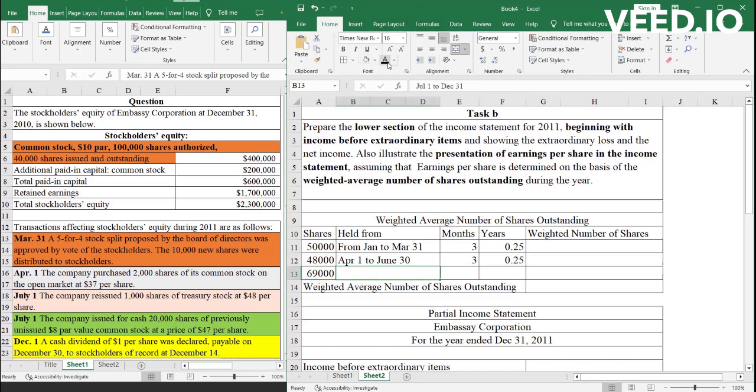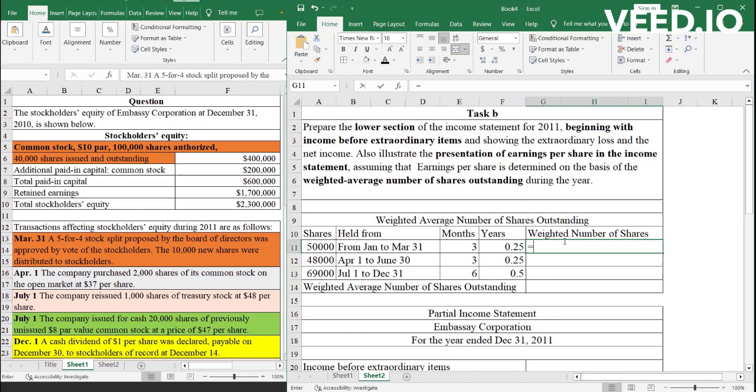So from July 1st till the end of December, because no other shares were issued by the company, the total number of shares outstanding is 69,000. From July 1st to December 31st, that's 6 months, and 6 divided by 12, we can express this in years as 0.5.